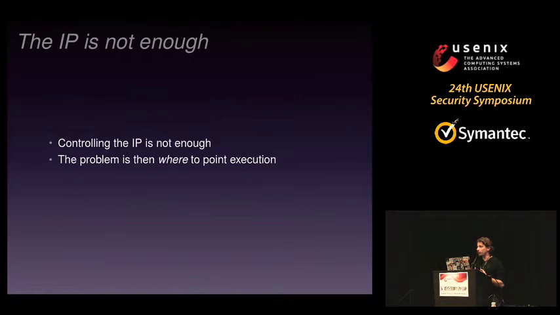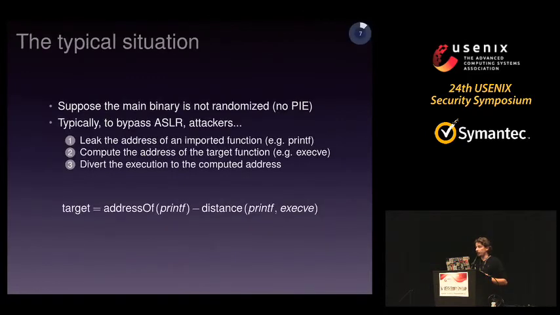Once you have the IP, you want to understand and find an interesting location where you can point this instruction pointer to perform the actions you want. And typically, if you have a non-PIE binary, so the main binary is not relocatable, it's in a fixed position, what you do to bypass ASLR, which is your enemy, because it basically scrambles the position of libraries at runtime, is exploit a memory leak vulnerability to get the address of imported functions, for instance, printf.